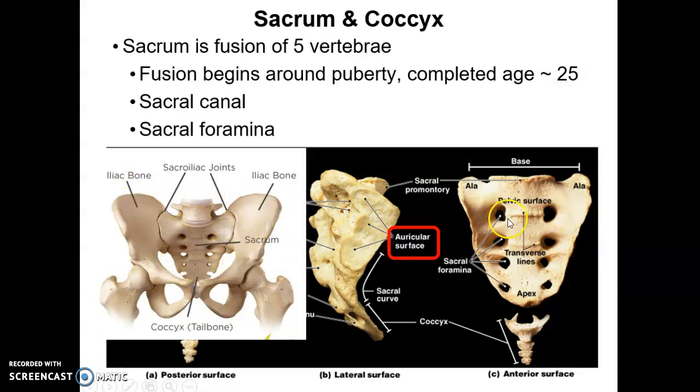So here's the front anterior view of the sacrum. This view is the same as this. So this is the articulating surface with L5, lumbar vertebra 5. And on the sides here, the articular surface of the sacrum articulates with the hip bone, one on the right, one on the left. And that joint is the sacroiliac joint.